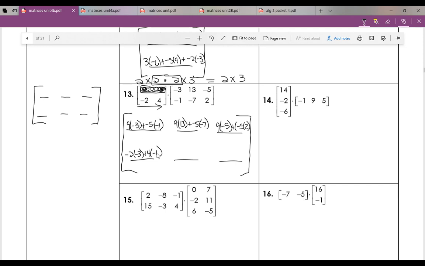So negative 2 times negative 3 and 4 times negative 1. See how my negative 3 and my negative 1 are lining up? Then I have negative 2 times 13 plus 4 times negative 7. Then negative 2 times negative 5 plus 4 times 2. Once you get everything in place, you can put those numbers in.